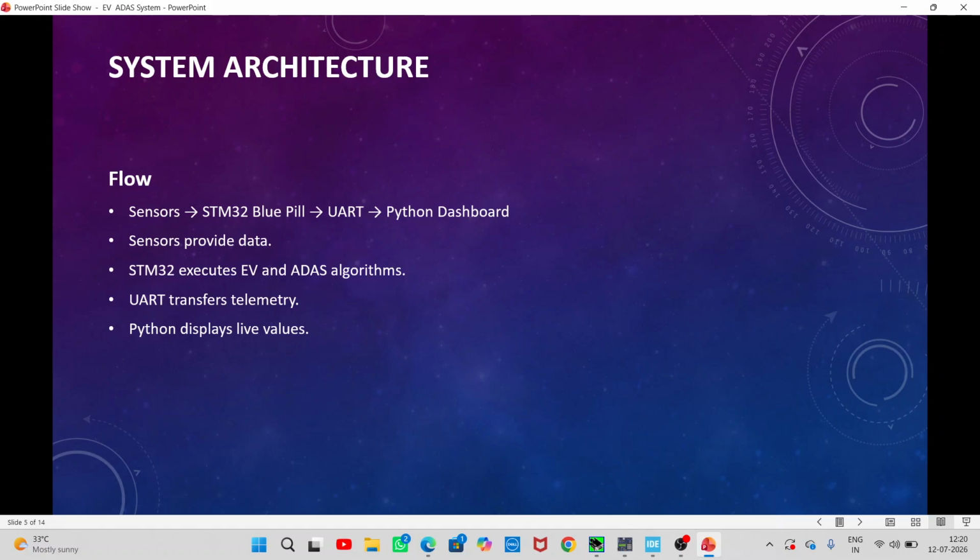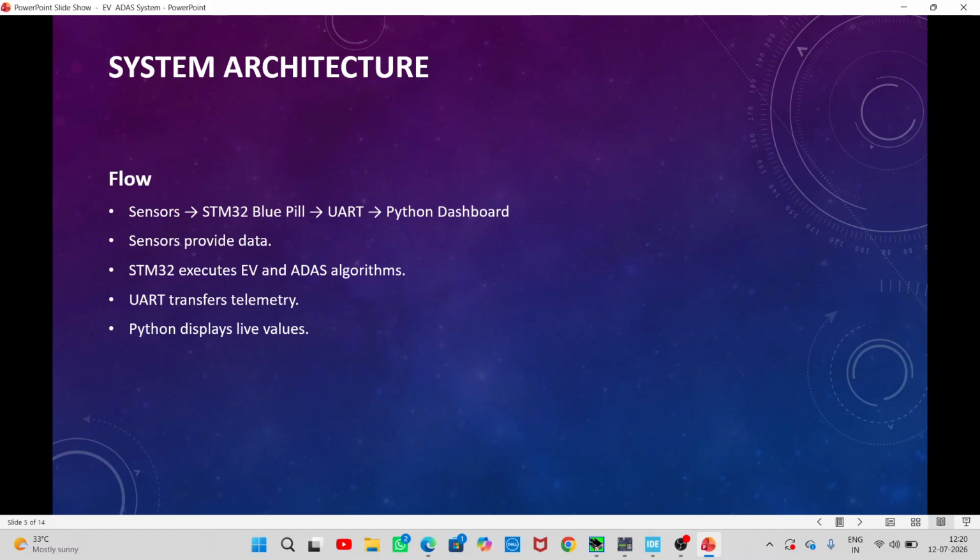The system architecture. The actual system architecture flow is sensor, STM32 Blue Pill, and UART to the Python dashboard. Here we use ultrasonic sensors, whose work is to collect the data, and this data moves to the Blue Pill board. Then we wrote the code, and the data is processed.